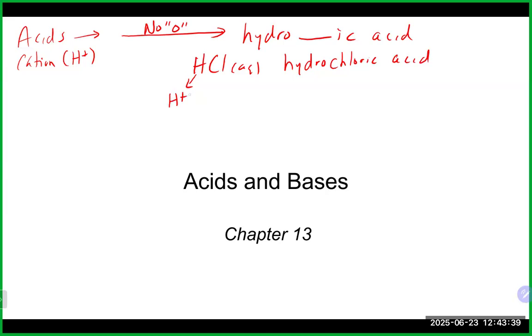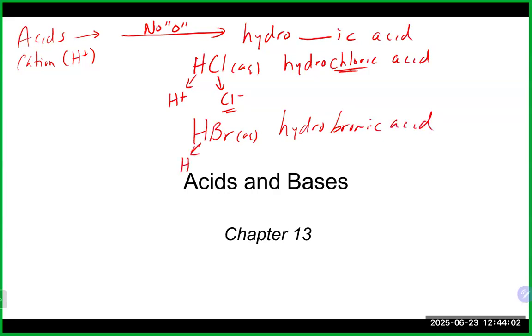The cation is H plus, the anion is Cl minus in this case, right? The missing part is from the anion part of the name. If you have something like HBr, again, no oxygen there, so hydrobromic acid. Again, H plus and Br minus are the ions that are involved here.